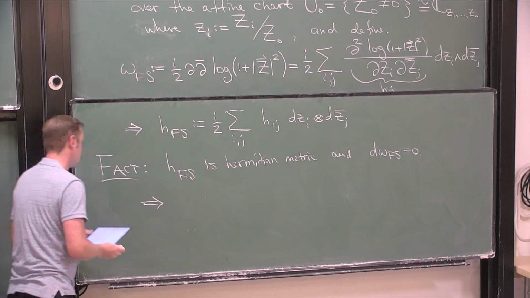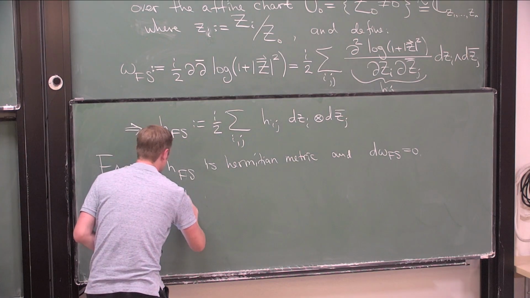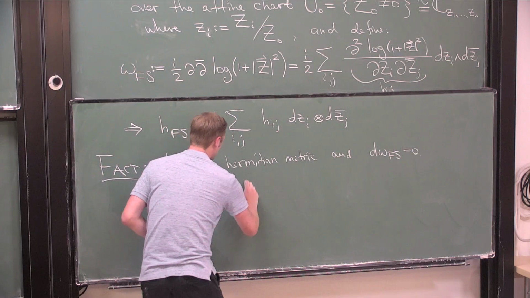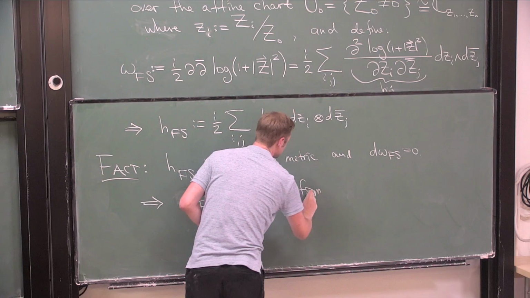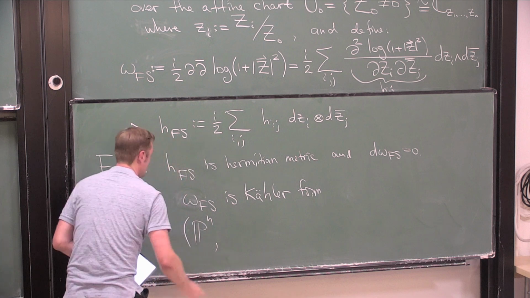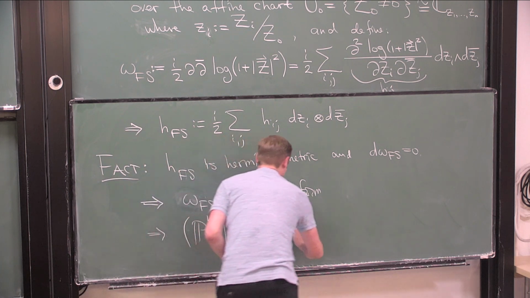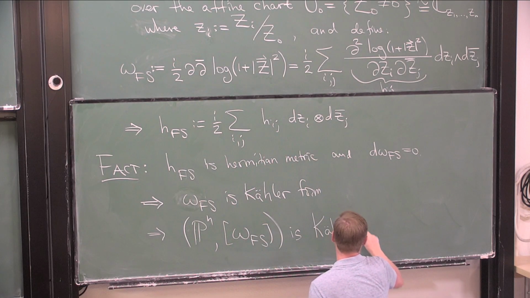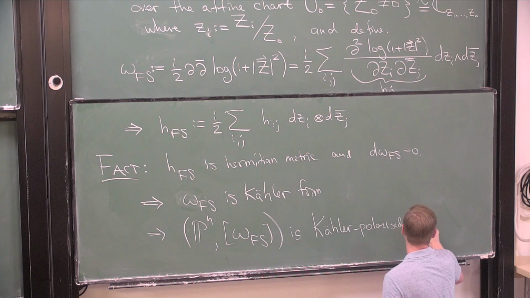But what it implies is that P to the n is that this omega FS is a Kähler form indeed, and so P to the n with the associated Kähler class is a Kähler polarized complex manifold.